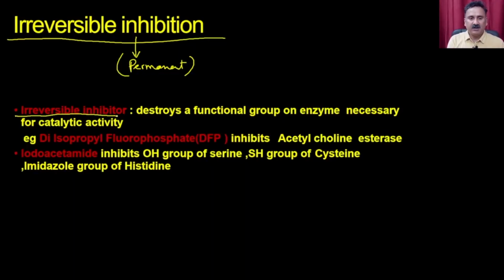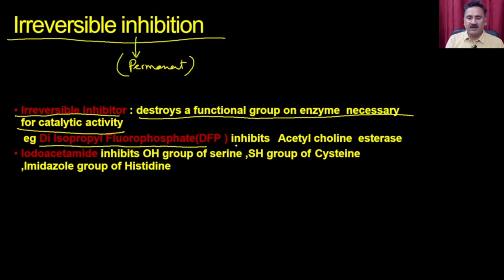An irreversible inhibitor destroys a functional group on the enzyme which is necessary for catalytic activity. For example, diisopropyl fluorophosphate or DFP, which inhibits acetylcholine esterase.